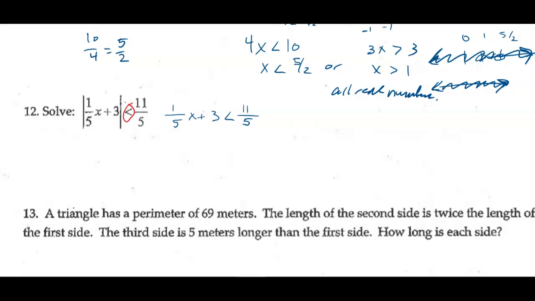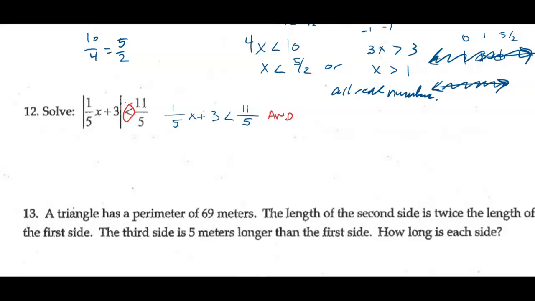So I'm going to read it. 1/5 x plus 3 is less than 11/5. So here's my little trick. Because less than sounds more like and, it's an and. Think about it. If the symbol were greater than, greater sounds more like or, and it's an or problem. I know it doesn't make sense. It's a silly little trick, but it works.